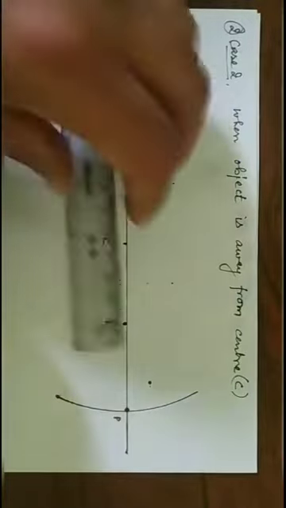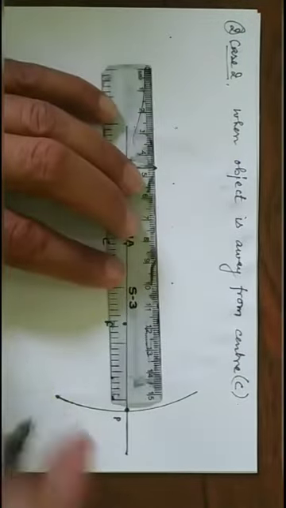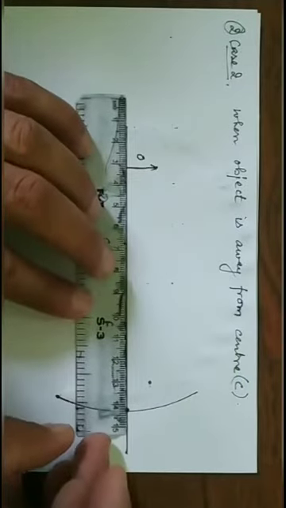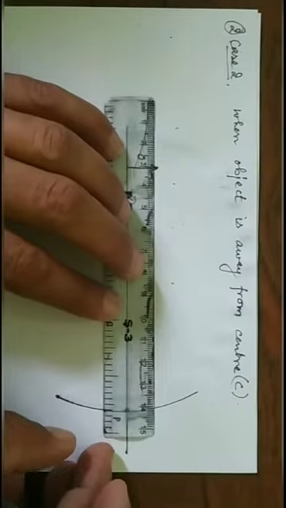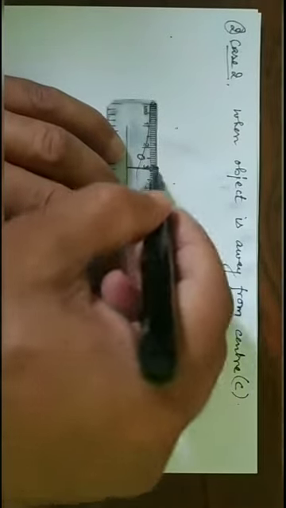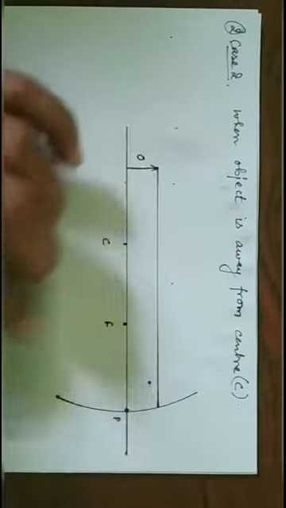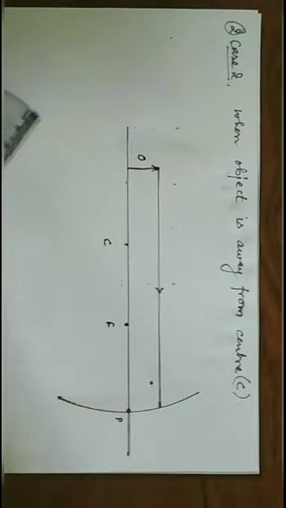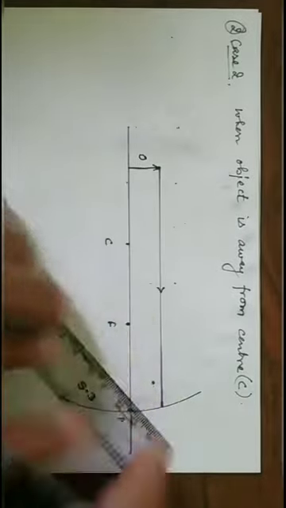First, I'll draw a ray parallel to the principal axis. Any ray which is parallel will pass through the principal focus.